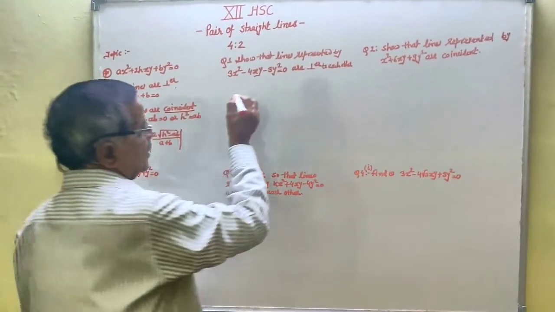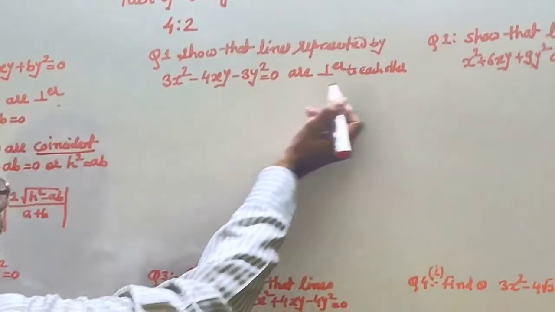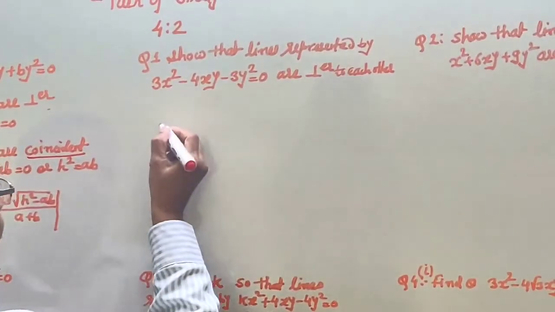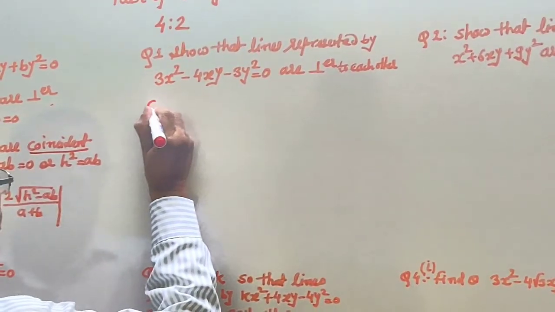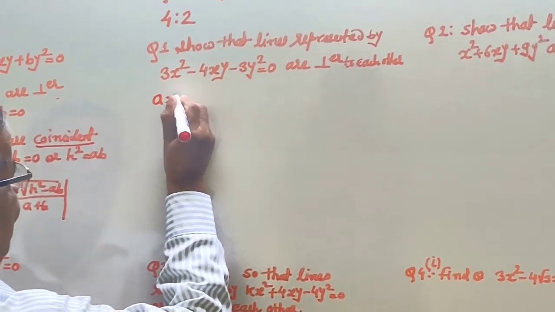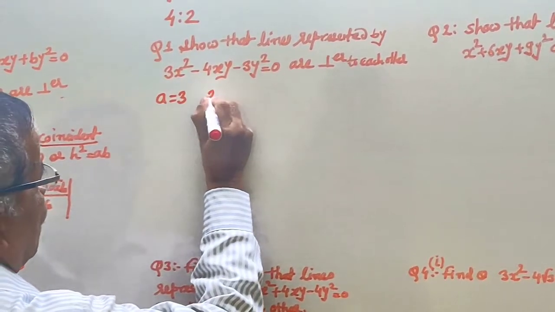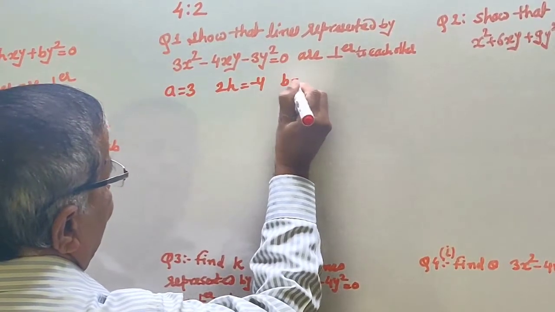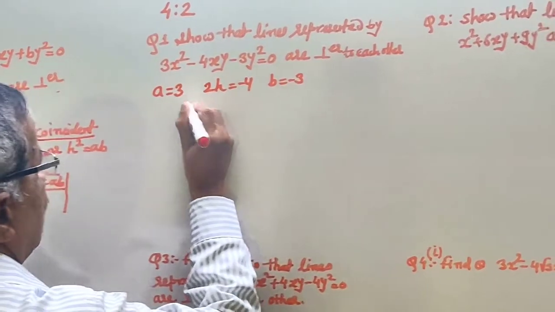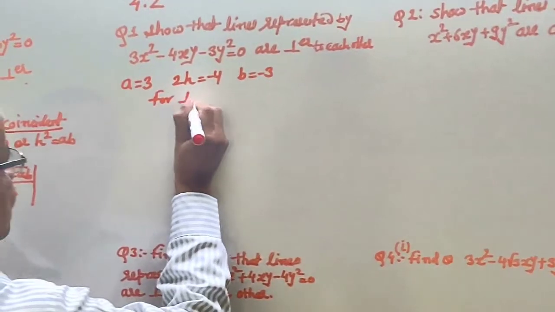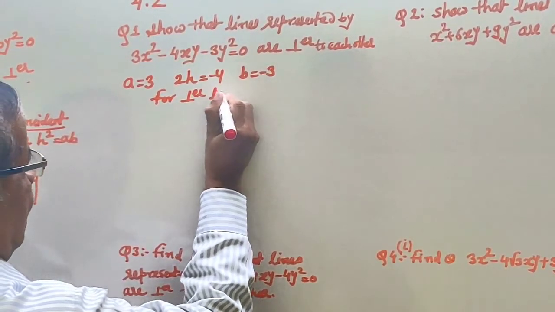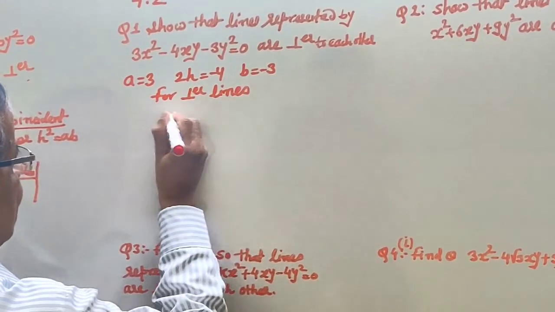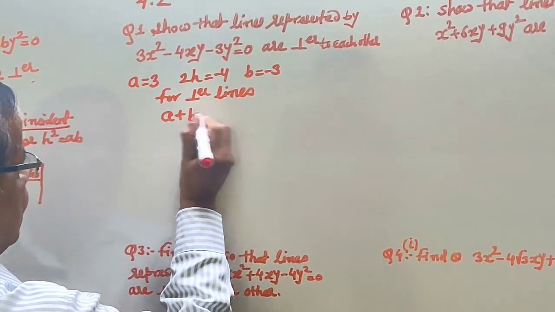First problem, show that lines represented by this equation are perpendicular to each other. Now I will compare the coefficients. The value of a is 3, 2h is equal to minus 4 and b is equal to minus 3. For perpendicular lines, the condition is a plus b is equal to 0.